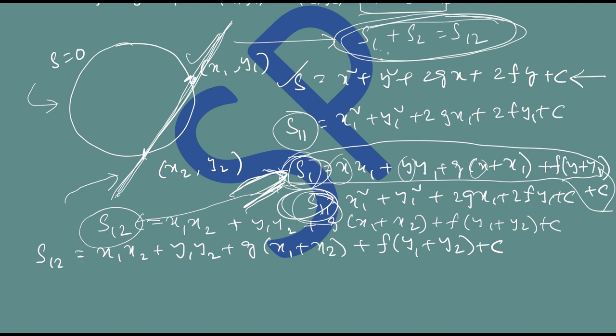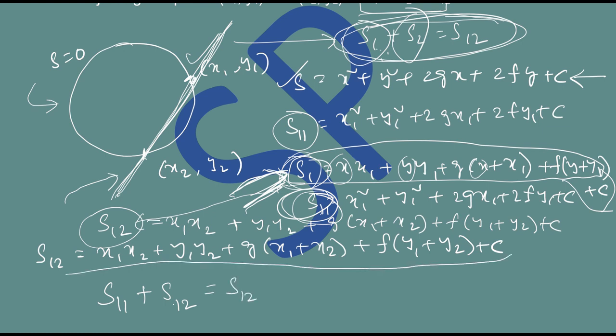So here we are substituting x1 y1 in S1. So it becomes S11, plus in S2 if I put x1 y1, it becomes S12. On the right hand side, S12 is constant. Observe that in S12 there is no varying quantity, everything is fixed, so it is as it is, there is nothing to substitute there.